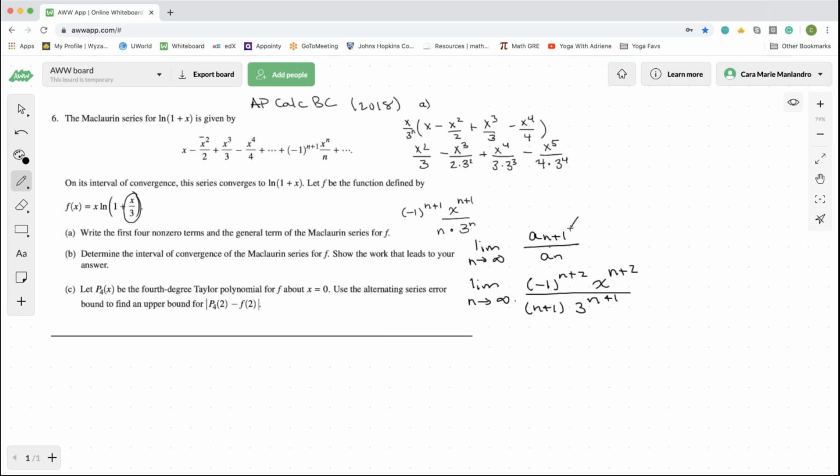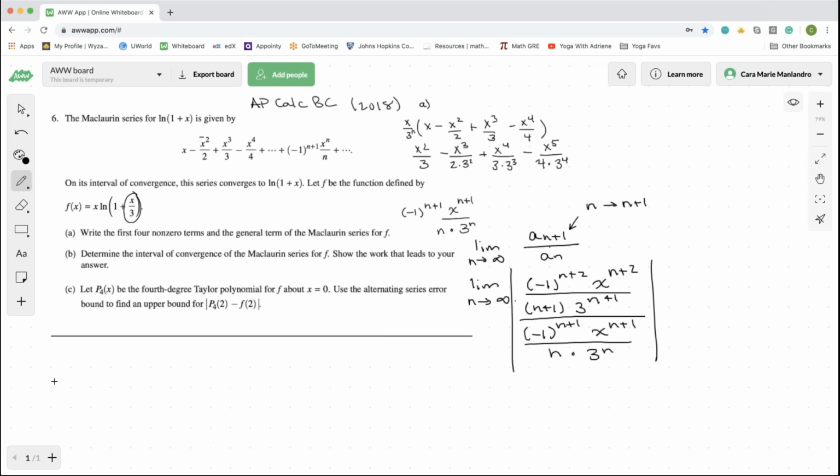Essentially, for every n I saw, I replaced it with n plus 1. Then I take the ratio of that to the term that I already have, negative 1 to the n plus 1, x to the n plus 1 over n times 3 to the n. I put this in absolute values, and then we start to simplify.